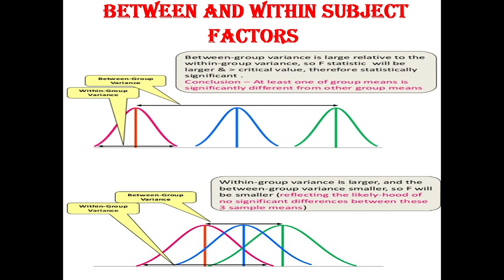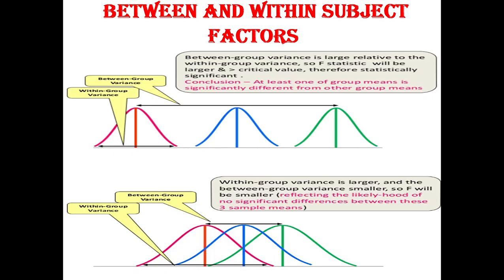Conclusion: at least one of the group means is significantly different from other group means. If the within group variance is larger and the between group variance smaller, F will be smaller, reflecting the likelihood of no significant differences between these three sample means.